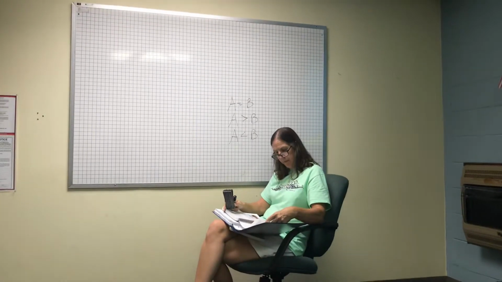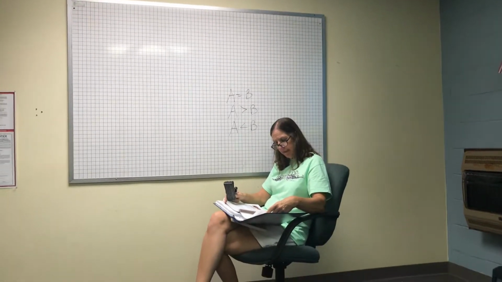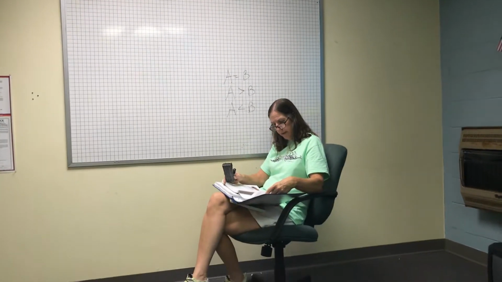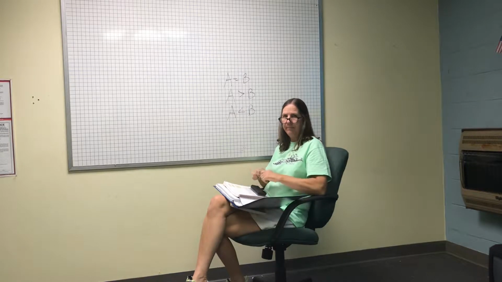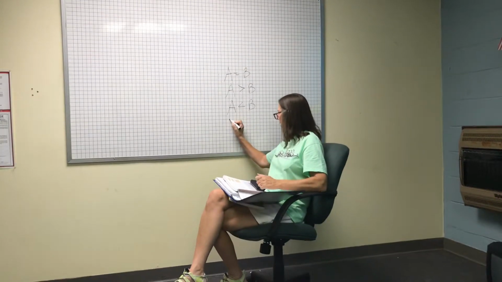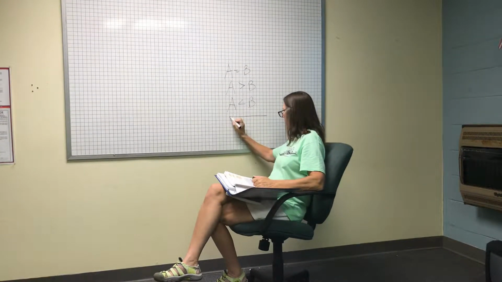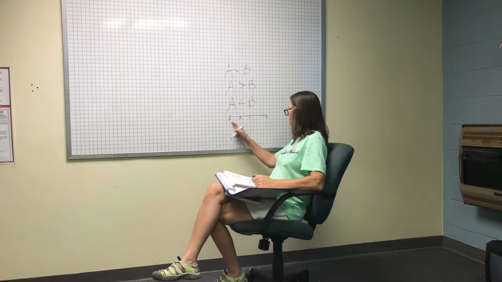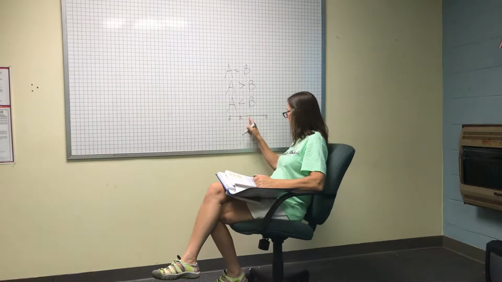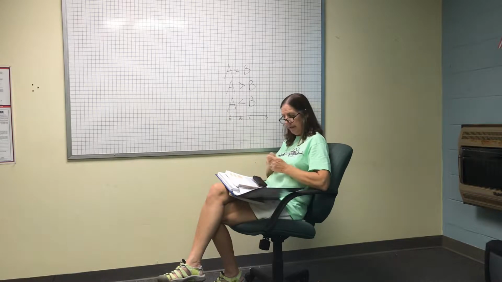Principle 4, lines equal to the same quantity are equal to each other. The whole is equal to the sum of all of its parts. So if I've got a line, and it's got from A to B to C to D, that whole line is A plus B plus C. All of those go together to make that line.